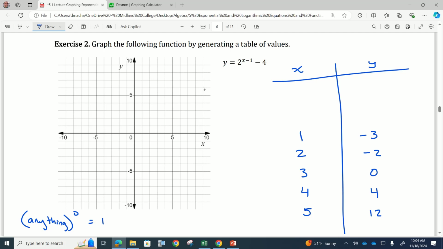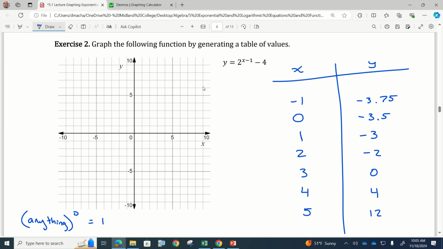And then if x is equal to 0, yeah, because that would be 2 raised to the power 0 minus 1. So the reciprocal of 2 is 1/2, and 1/2 minus 4 is negative 3/2. You also have a calculator on your test. You could be plugging these values into your calculator if you want to. And we can keep doing this if you want, but that should be enough, I think.